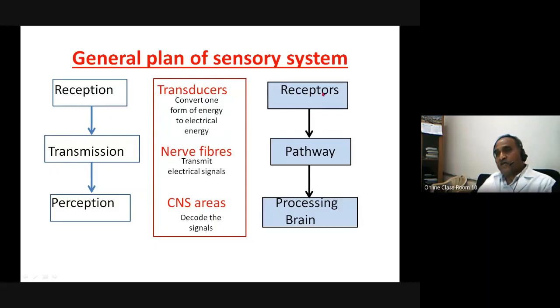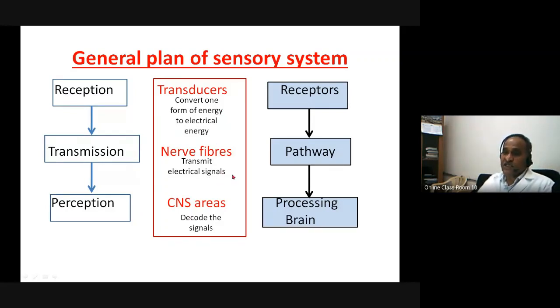Now the receptors, I said they are transducers. At the same time, these transducers are intelligent in the sense they codify the information. That means they detect the change, and also they will codify whether it is touch, pressure, pain, or thermal. All things are codified, regarding all the properties of the stimulus, the intensities.